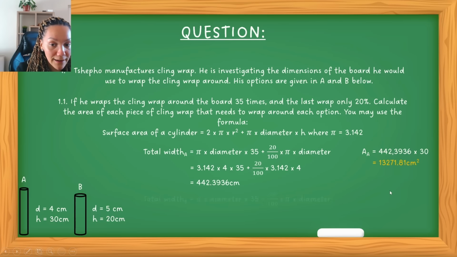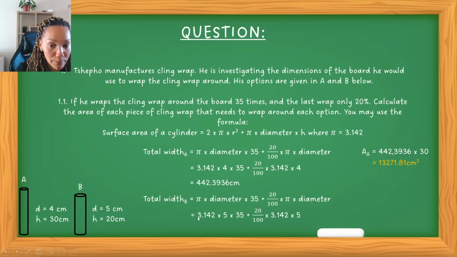Now let's move to the total width of B. So again, circumference times 35 plus 20%. Same formula, now I'm putting in my different values. My diameter has changed from 4 and is now 5. The total width of that cling wrap will be 552.992.